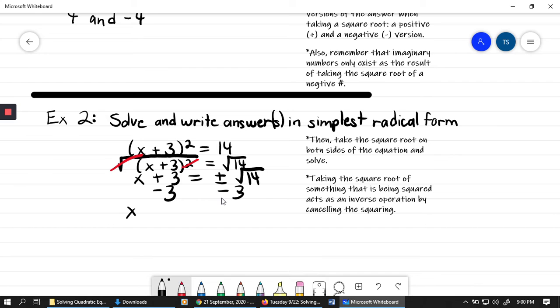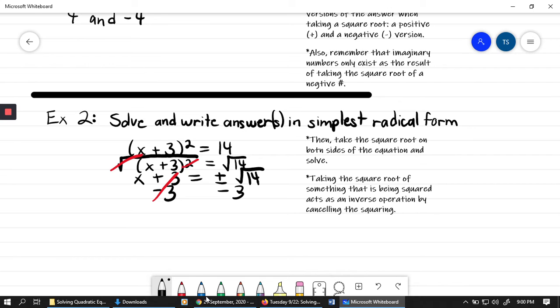All right, so we do that. That cancels out the 3's on both sides, and we are left with x equals. So when we write out this answer, please do not try and put together the 14 with the 3. Please do not try to do that.